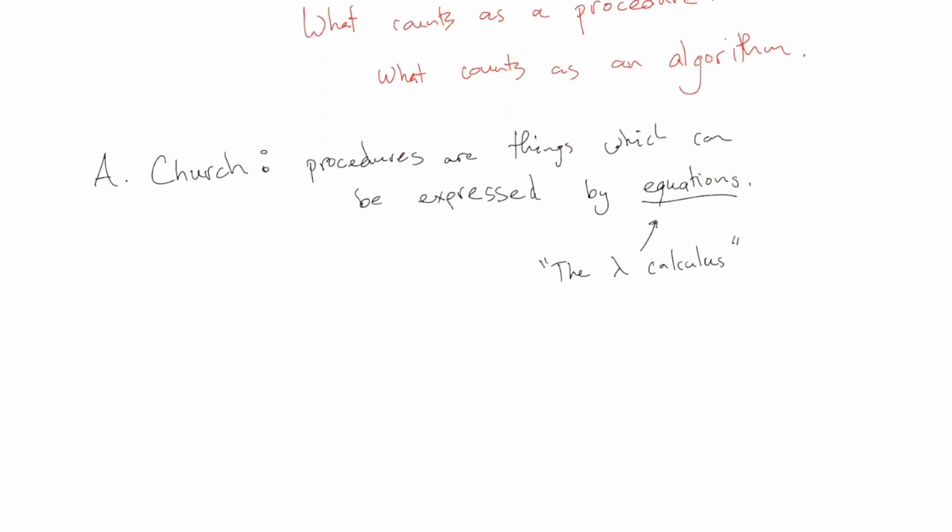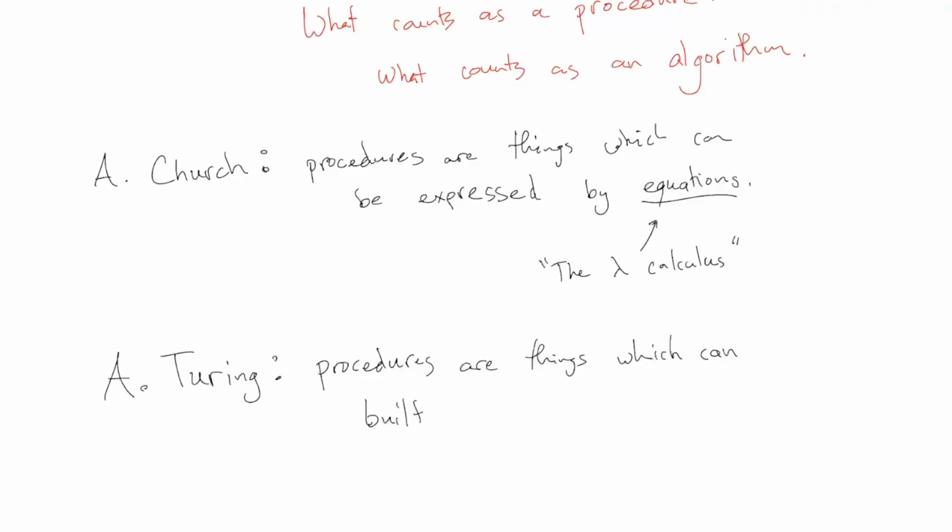Anyway, the other person with the major idea about this was our buddy Alan Turing, and his idea was that procedures are things which can be built as machines. This, you could say, is very much an idea born of this time in history. This, of course, is the age of industrialism, and especially the rise of machines in warfare.